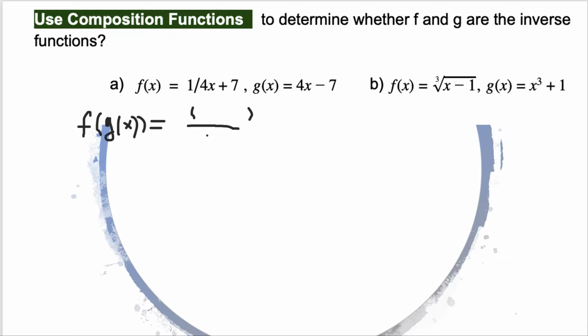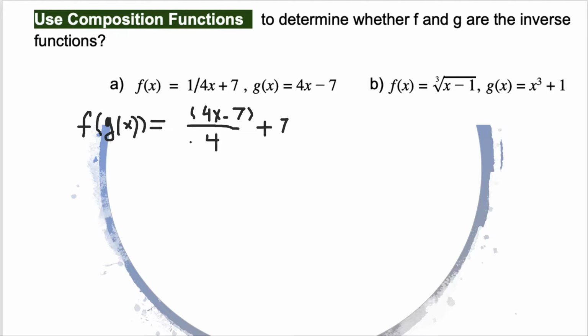Down I will write a 4x, and here is a plus 7. Instead of the x here, I am going to substitute 4x minus 7.